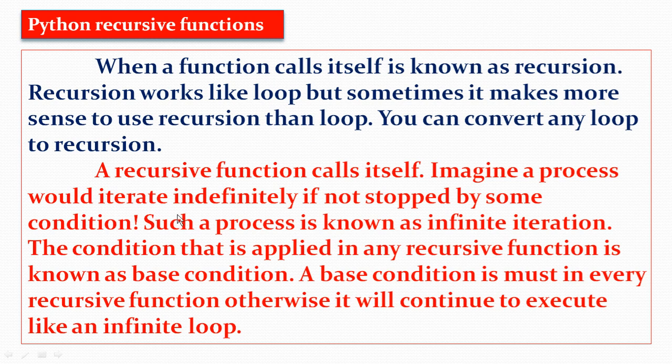Imagine a process that would iterate indefinitely if not stopped by some condition. Such a process is known as infinite iteration. The condition applied in any recursive function is known as the base condition. A base condition is a must in every recursive function, otherwise it will continue to execute like an infinite loop.